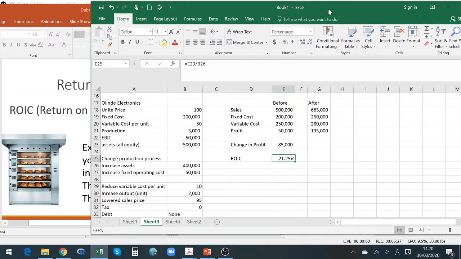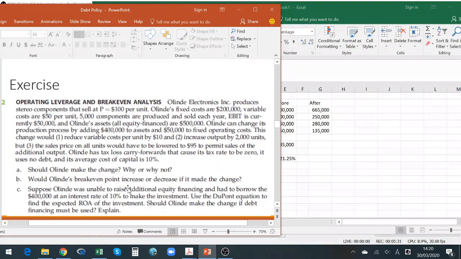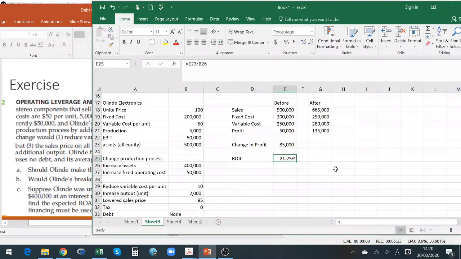So what was the question? Should they invest? Why or why not? So I will say yes, they should invest. Why?